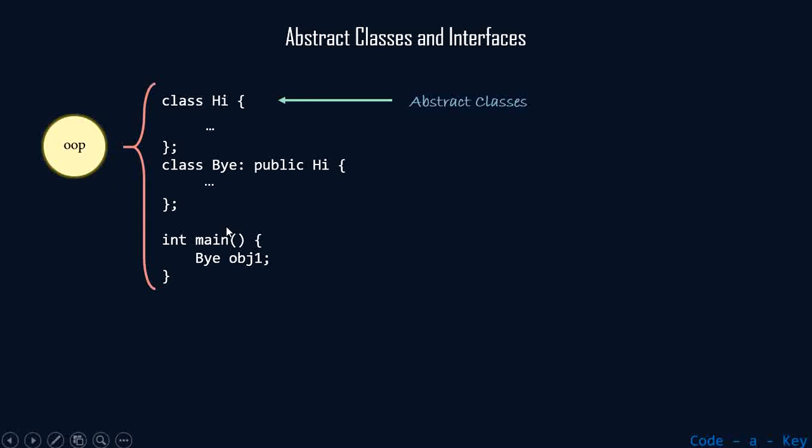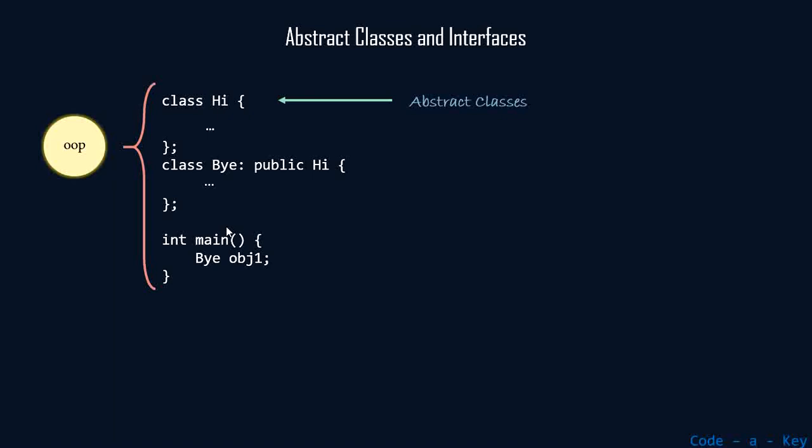Why so? This means that you cannot create an object of that class. Because such a class could only be inherited, and then an object of the derived class was used to access the features of the base class. Here we have just used the features of the base class by accessing the inherited class, right?